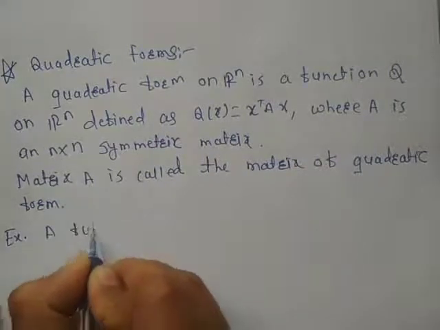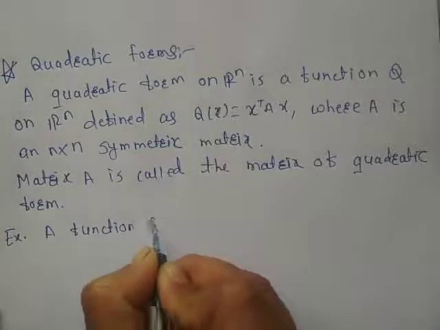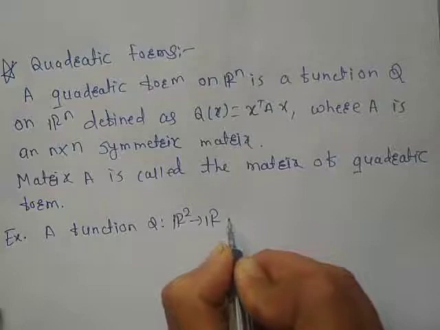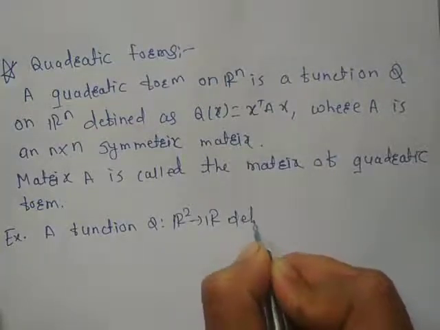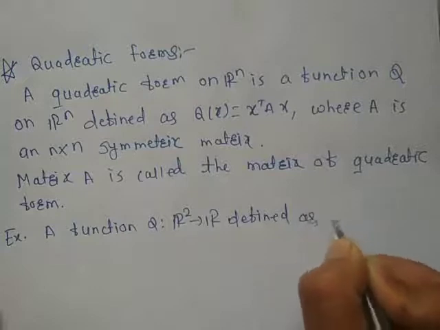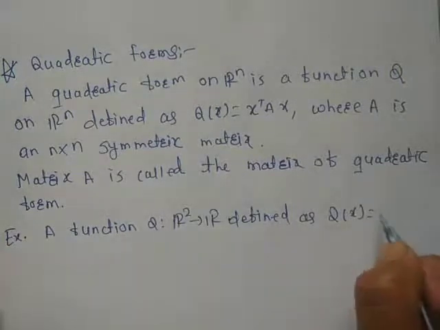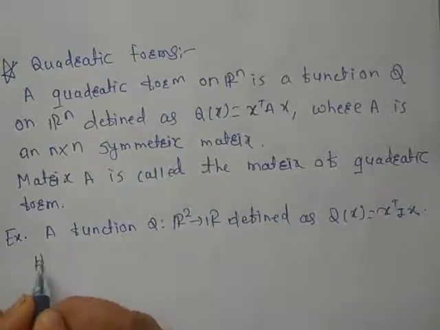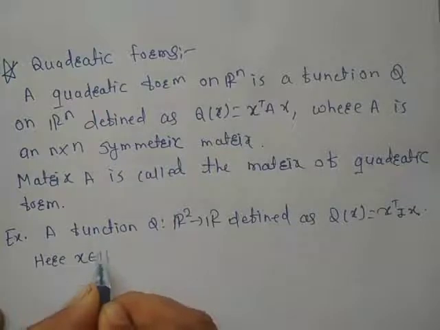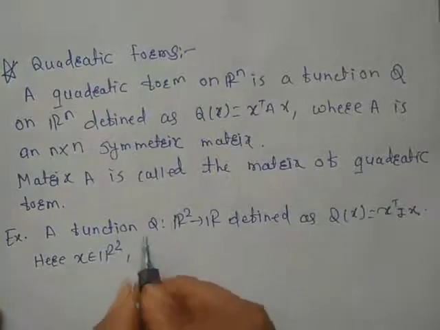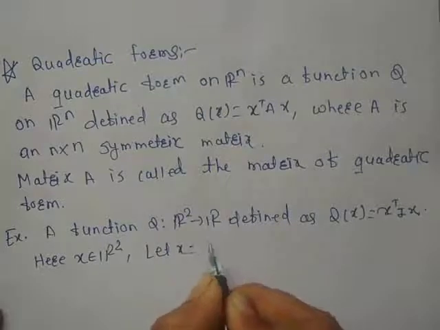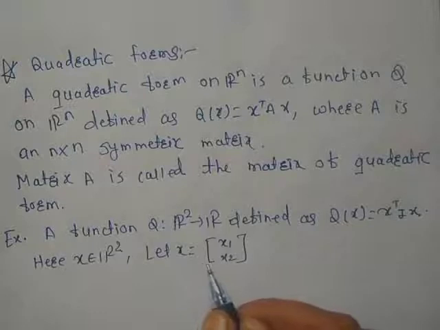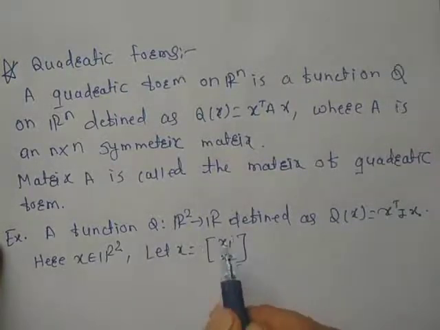A function Q from R2 to R defined as Q of x equals x transpose I x, where x belongs to R2. Let x equal the vector x1, x2. Actually it is a vector.